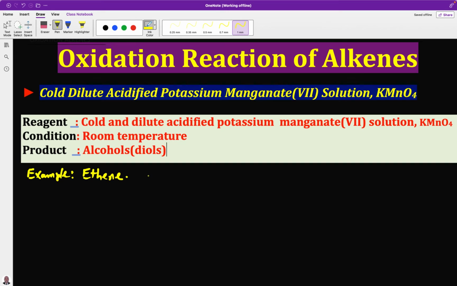Let me just write this so that you can see it better. This is ethene. We have CH2=CH2.